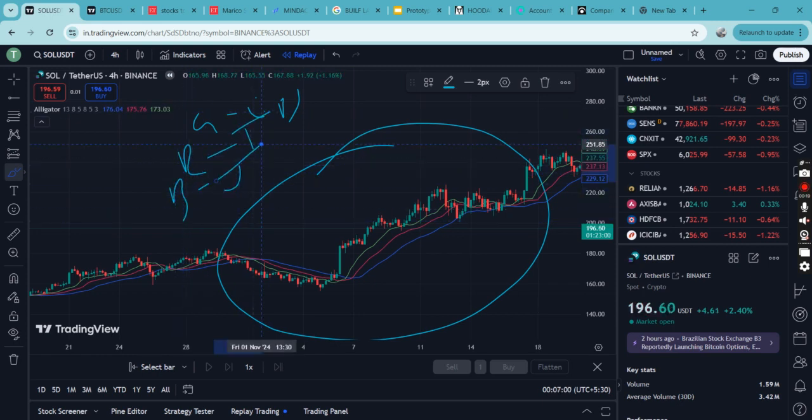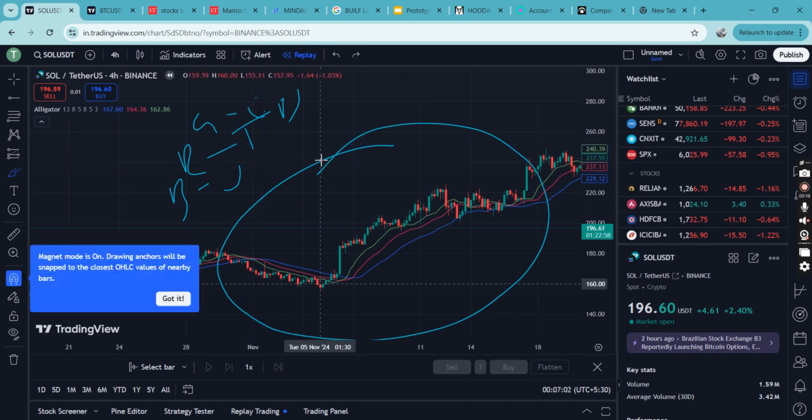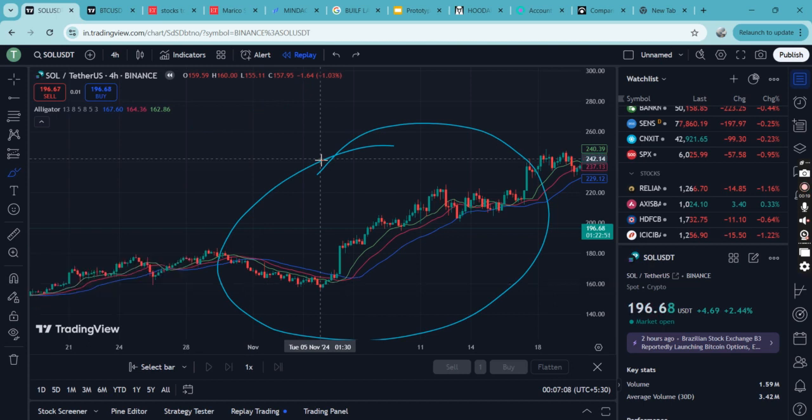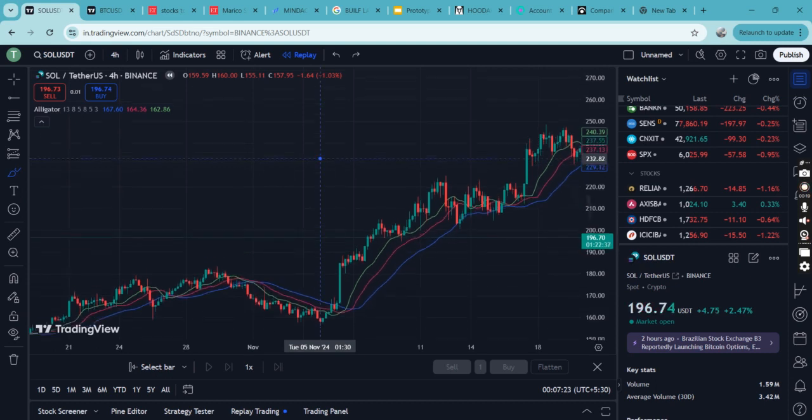Now if that is in order, and you can see the green, red and blue in a sequence just like this, you can see that it's a trend. It's not specifically a downtrend or uptrend. I'm just showing you a trend technically. So it's a trend now, and this is also defined as the alligator waking up.